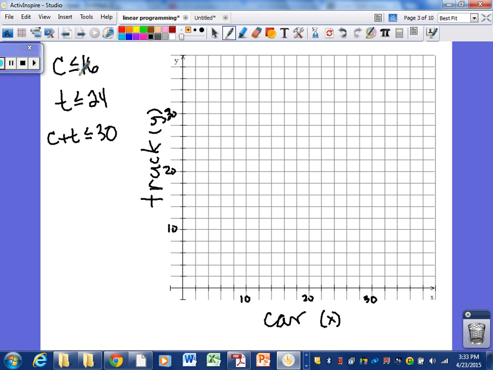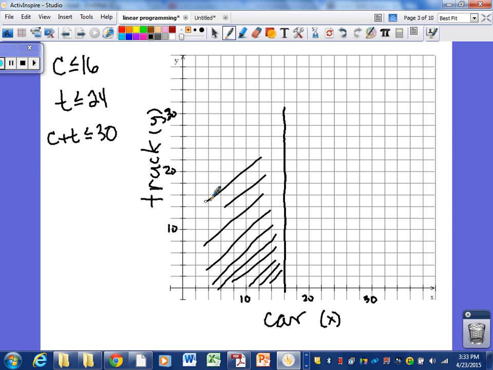So if the car has to be less than or equal to 16: 10, 12, 14, 16. I have a vertical line because it's represented by the x-axis. I can put in as much as 16 gallons of gas, so any one of these would be an acceptable answer. Everything less than 16, shade it all the way up like we shade inequalities.